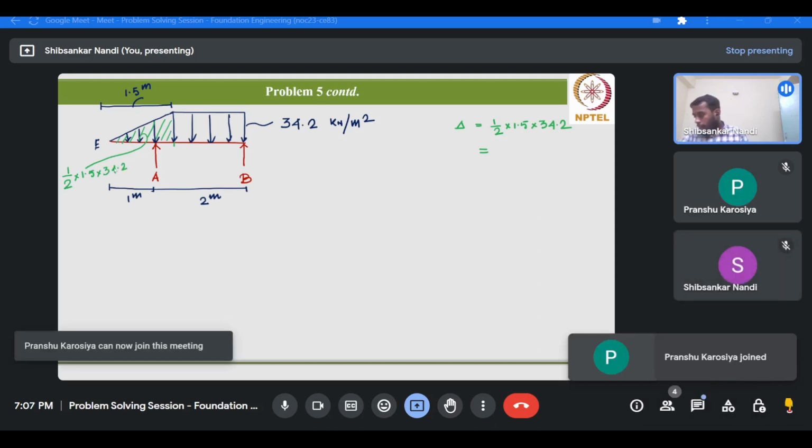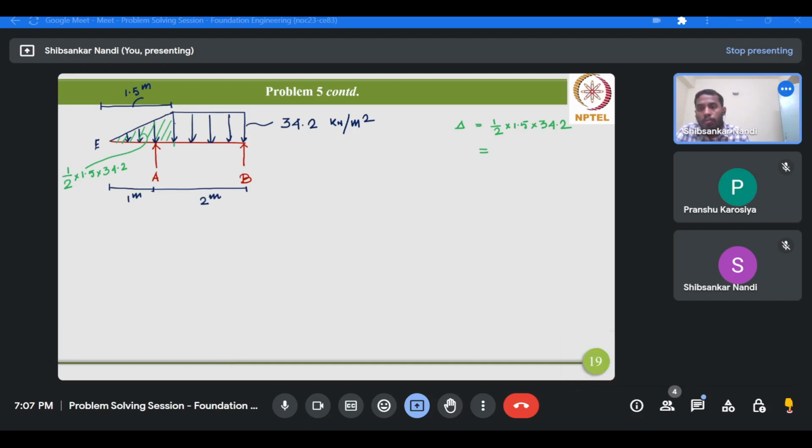Now where does it act? It acts at a distance of h by 3 from this side. Now what is the height of this triangle? The height of this triangle is 1.5. So 1.5 divided by 3, that means 0.5 meter. And what is the location of this point G from A? This is also 0.5 meter. If you carefully observe, this value would also be 0.5 meter.